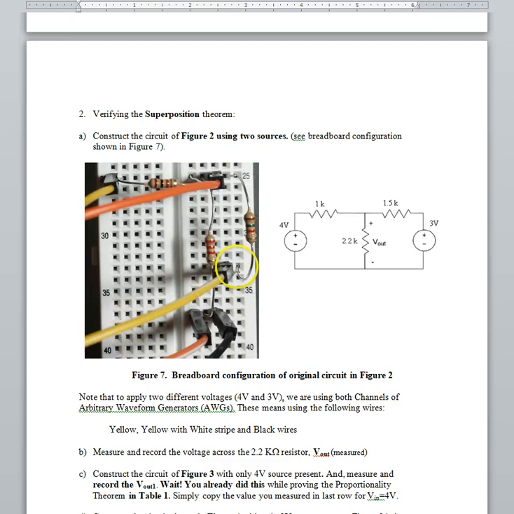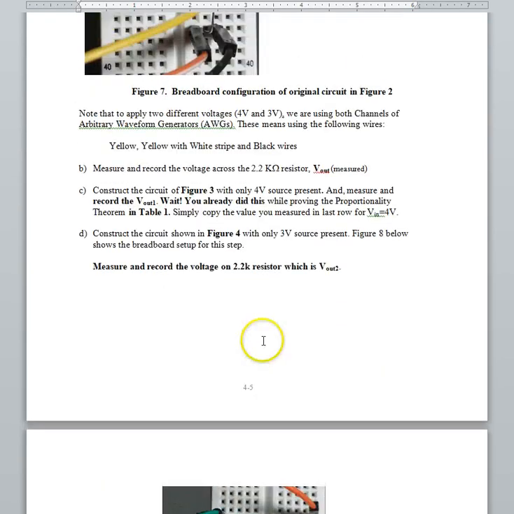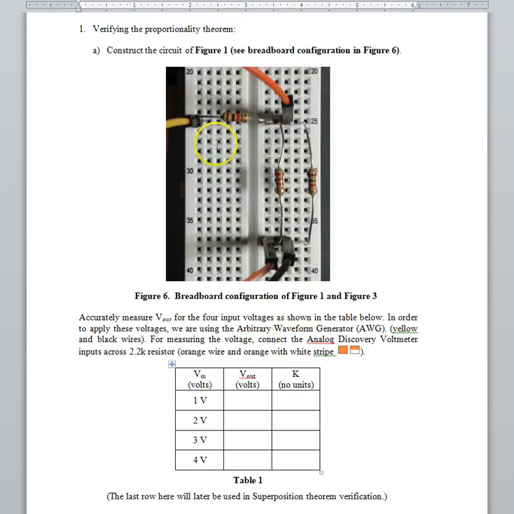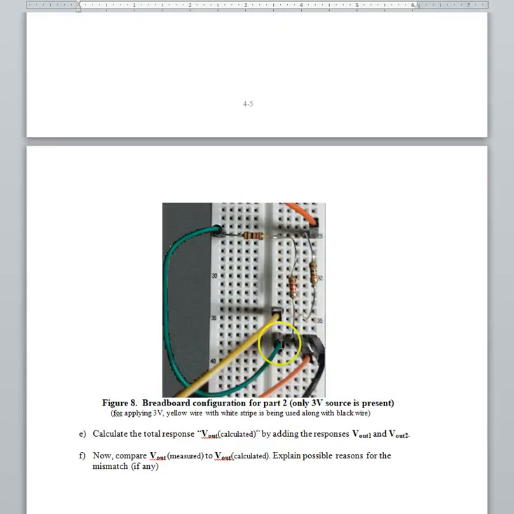So this is going to be the Vout measured. And the last one is this circuitry where only the 3 volt source is present. So the first one plus the last one makes the calculated value, and that should be equal to the measured value.